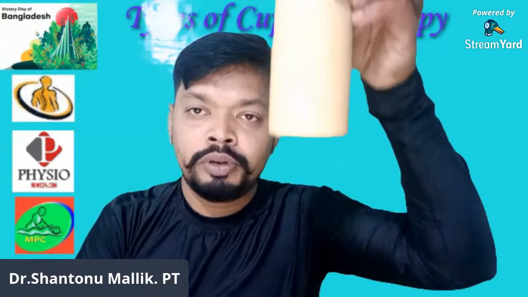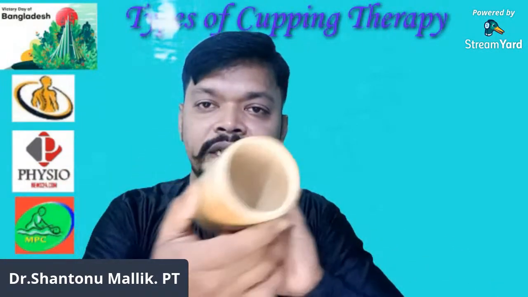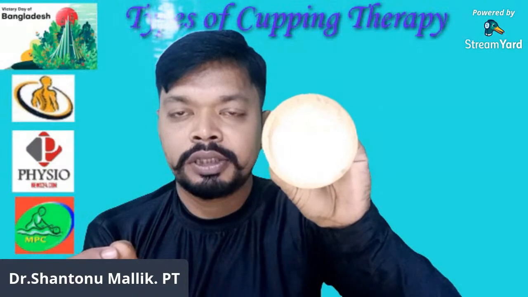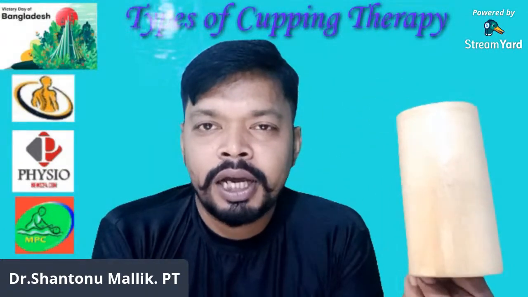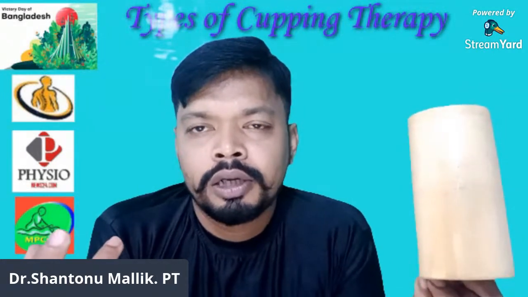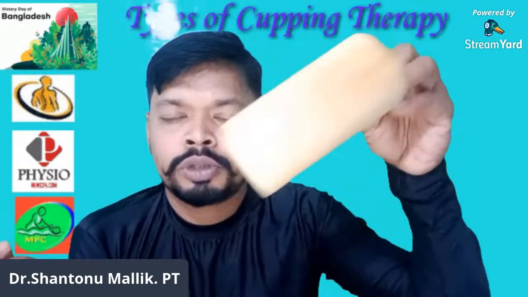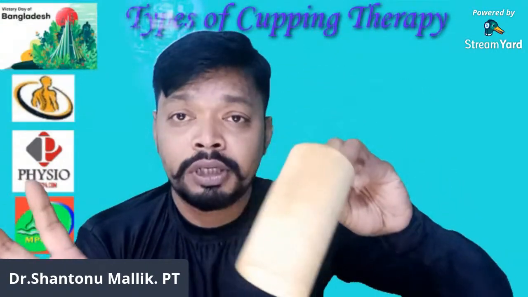Here you can find this is the natural bamboo, a special type of bamboo. We use this bamboo cup set for some Ayurvedic or special alternative medicine treatment, and it is very important for their treatment.